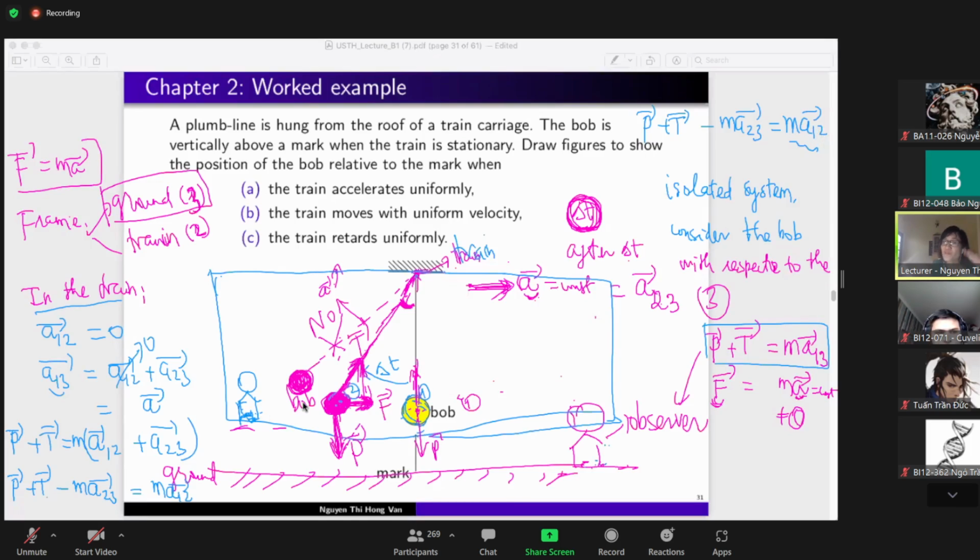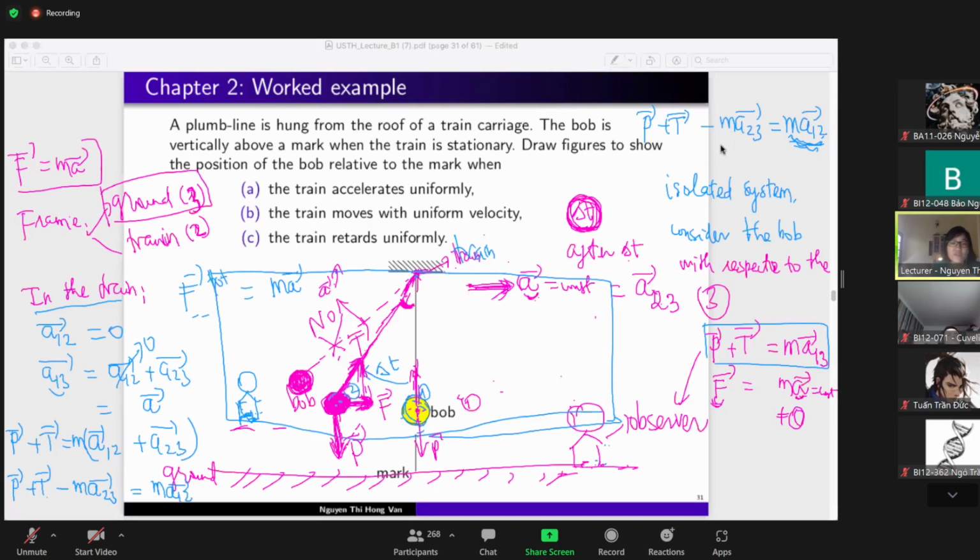Okay, so if you consider that the observer is on the train, then you can write the MA like this. But how about on the left? If you think about the second law of Newton saying that F total equals MA, right? Second law of Newton is like this. So on the right hand side, you already have MA in the frame of the train. How about on the left?